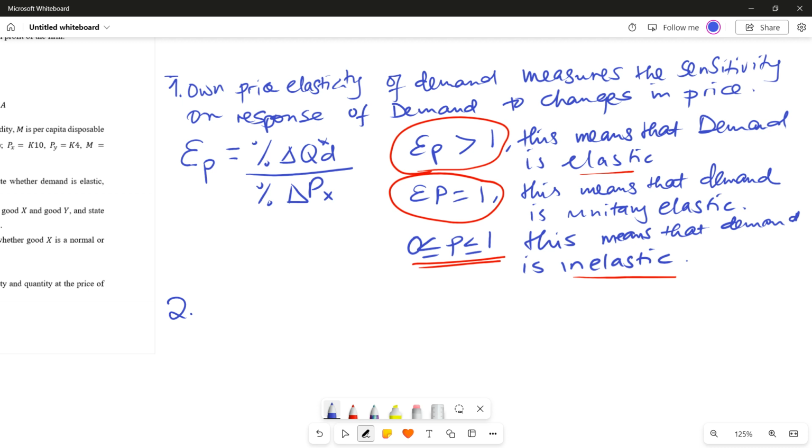The second type is cross price elasticity of demand.